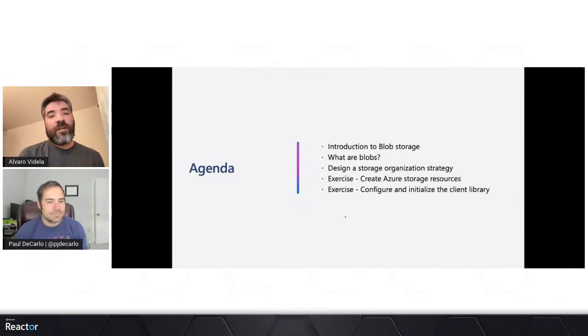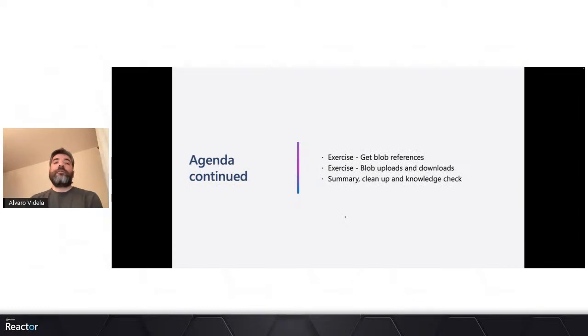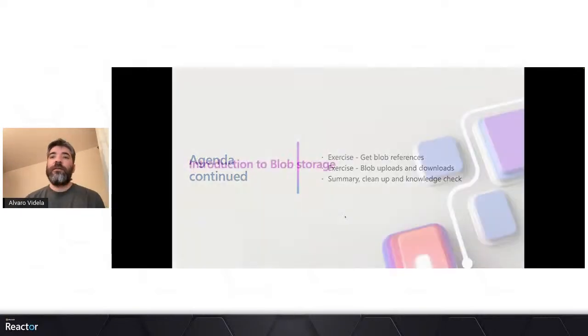Then we design a storage organization strategy and have a couple of exercises where we get our hands dirty with code. The first one is to create Azure storage resources. Then we configure and initialize a client library. And then we work on getting blob references and working with uploads and downloads from our code. And finally, we have a summary and knowledge check.